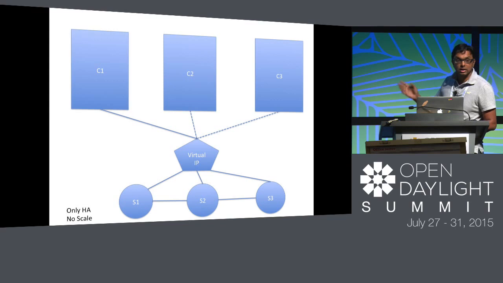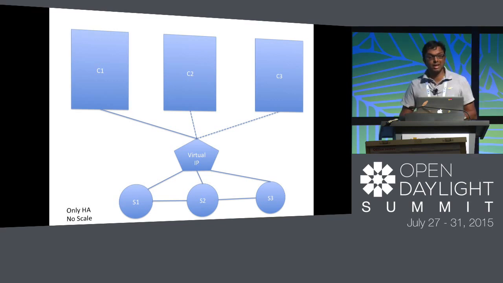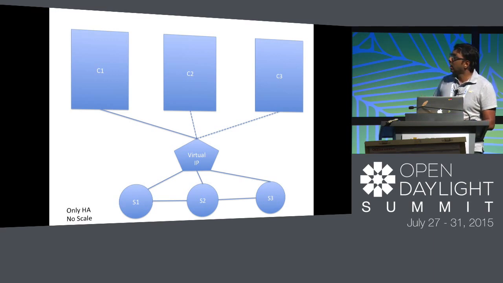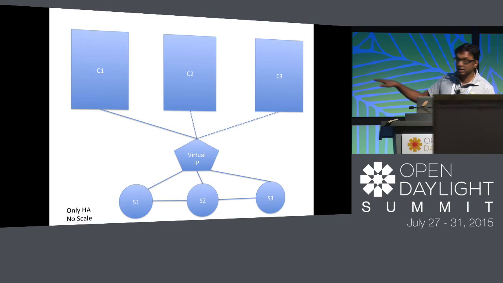This was the initial setup when we didn't have OpenFlow clustering, and some people achieved HA by this. But there's no scale here. For example, all the switches are being serviced by just one controller at a time. C2 and C3 are practically slaves for this set of switches.